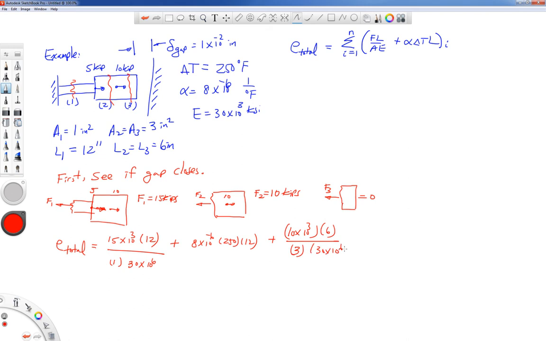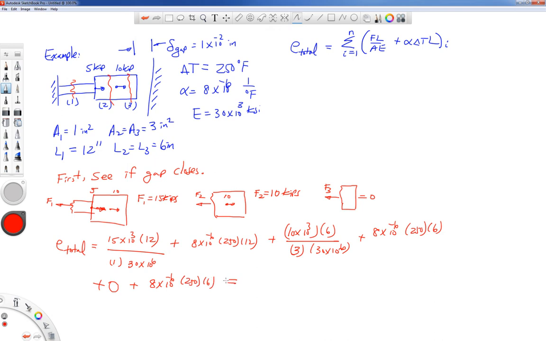FL over AE plus alpha delta T L. Now F3 is equal to 0, so its mechanical deformation would be 0, plus alpha delta T L for section number 3.